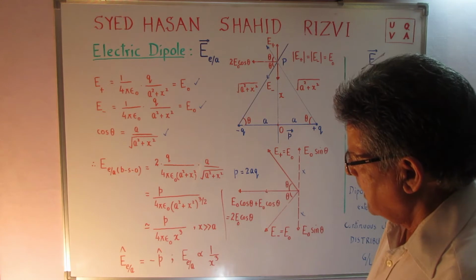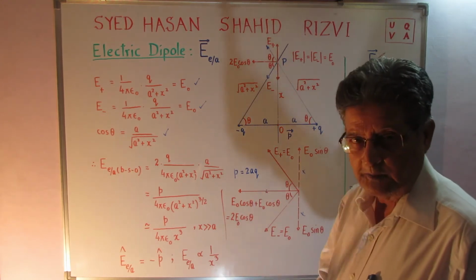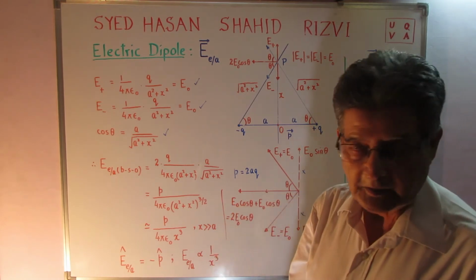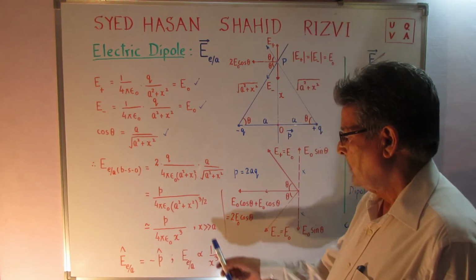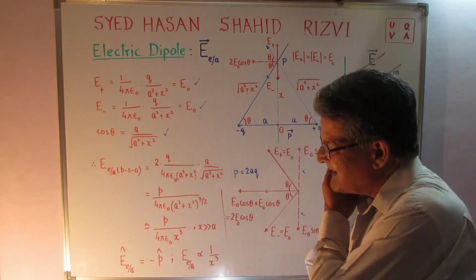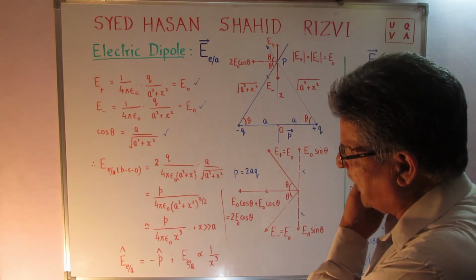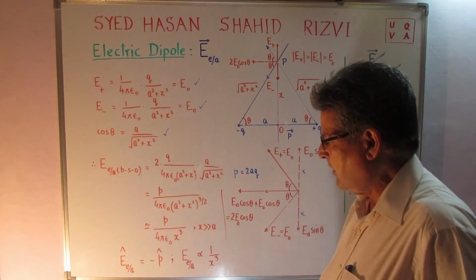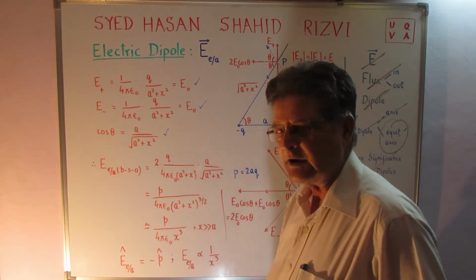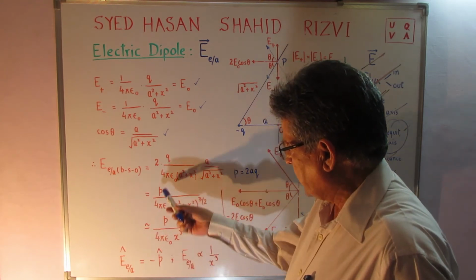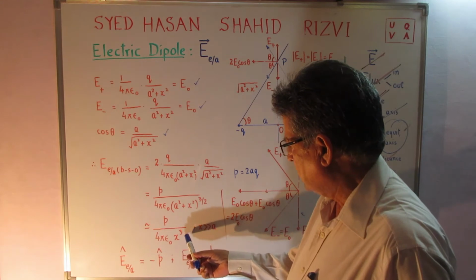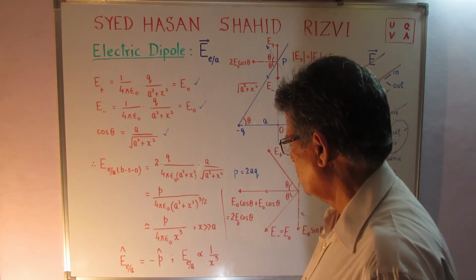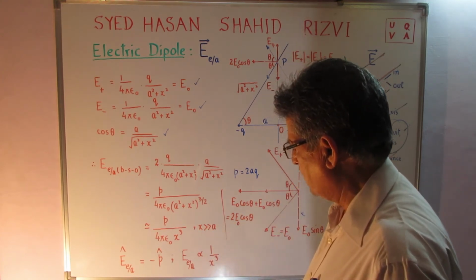No problem. Now, like before, if x is very very large as compared to a, which is normally the case, because the distance between the two charges, 2a, is very small, either for a natural dipole or for an induced one, I can write this as approximately equal to p upon 4 pi epsilon naught into x square into the square root, which is x cubed, in the condition that x is very very large as compared to a.